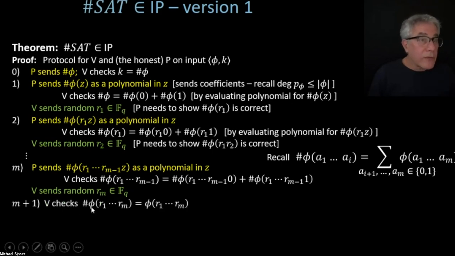It's going to see whether that assignment that it gets by evaluating the polynomial with that random value Rm plugged in is the same as what I get by evaluating the polynomial for the formula itself, that the verifier can do directly, because this is now a polynomial. It's now just plugging into the formula and using the arithmetization to get a value out. Okay, so this was the last line of the identity.